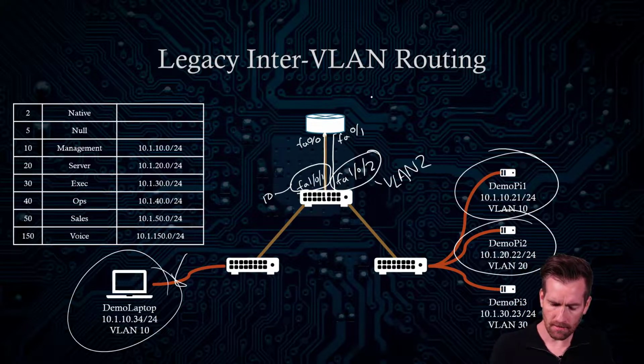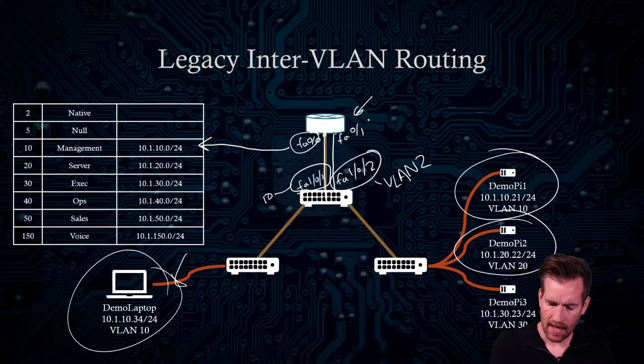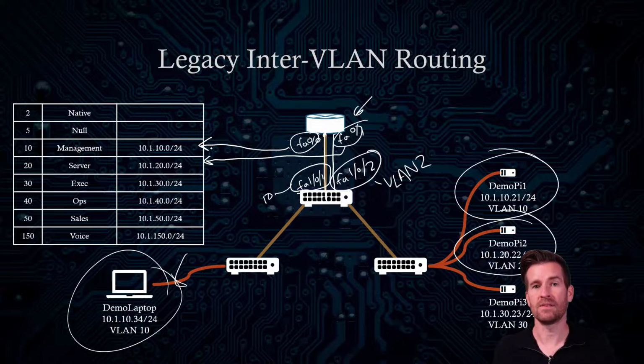And then we just configure the router like normal. I will assign an IP address to FA0/0 that's in the management VLAN, VLAN 10, and FA0/1 is going to have an IP address in VLAN 20.